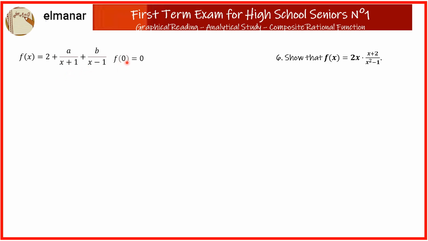When x is equal to 0, the function produces a value of 0. When x is equal to -2, the function again results in 0.